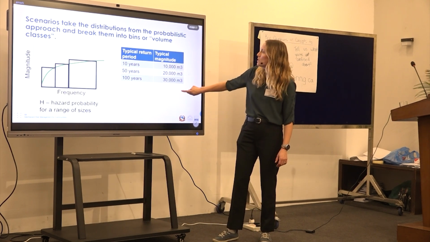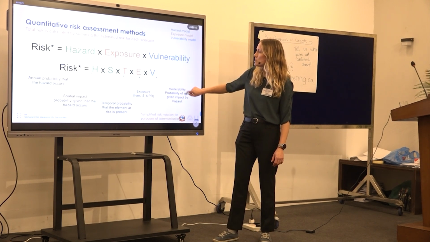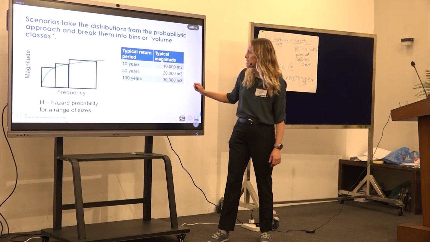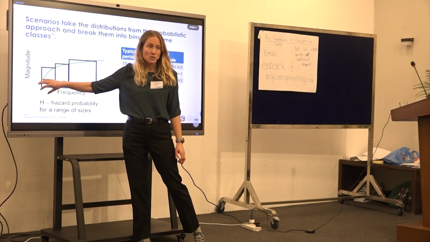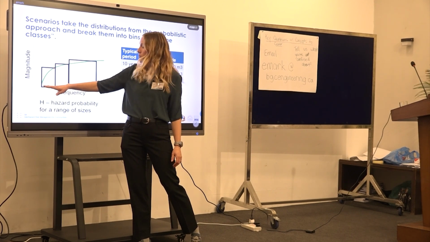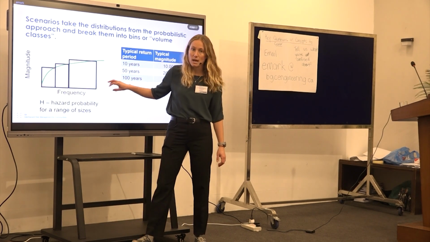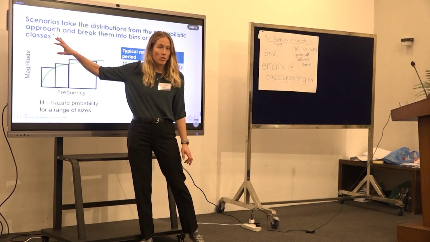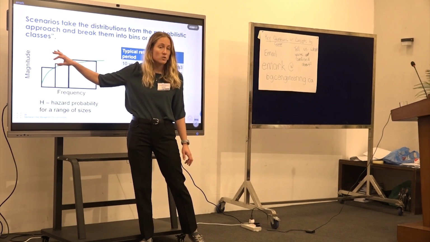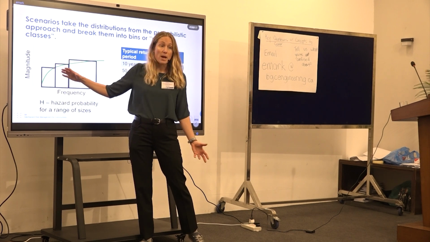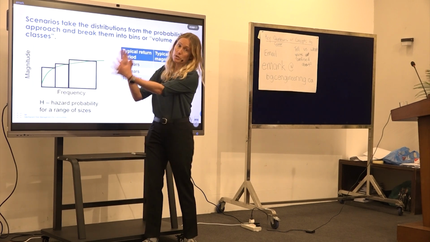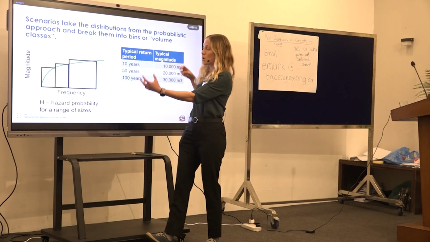Okay, so scenarios using different hazards. Alex presented this idea yesterday that for any different hazard type, we have a frequency and magnitude relationship. If you remember the graph that Alex had yesterday, it was for earthquakes, and it showed that for earthquakes and for many of these hazards, there are more small events and fewer large events.